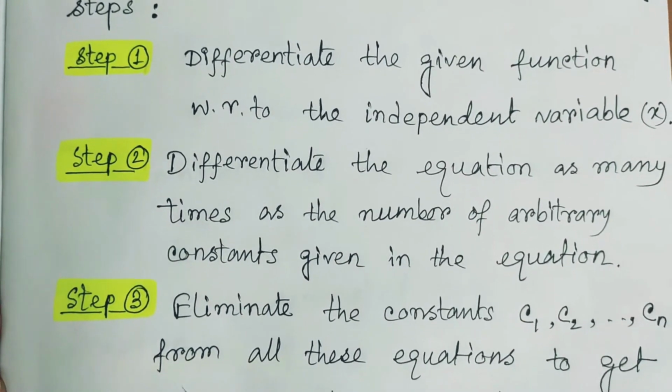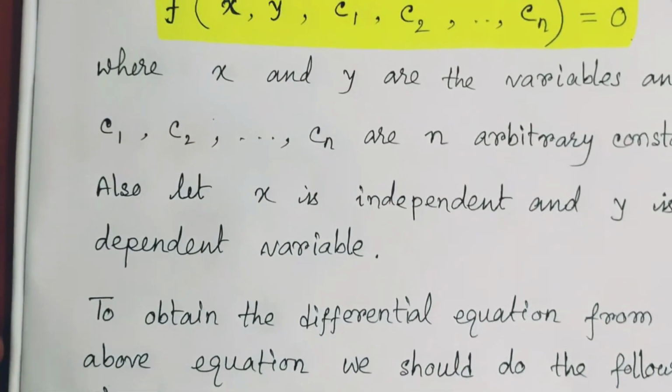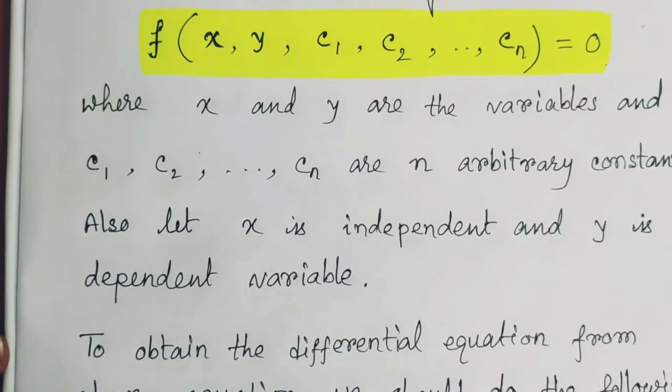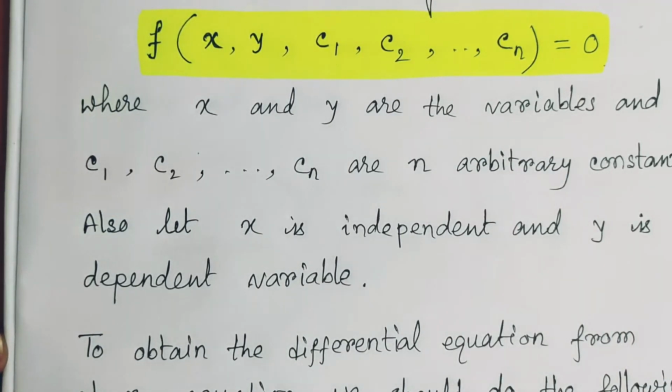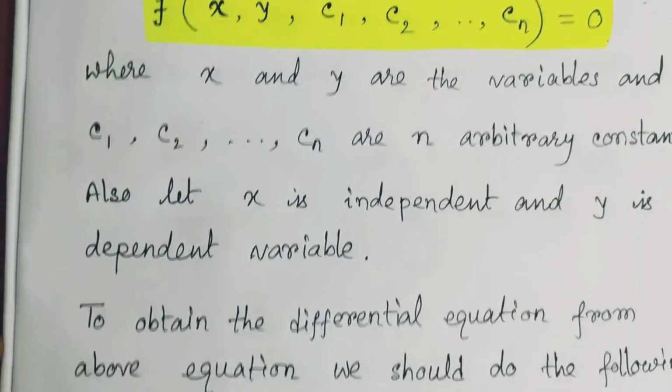If n constants are involved, we should take the derivative n times. The first derivative gives one equation, the second derivative gives one more equation. In this way we find n more equations.